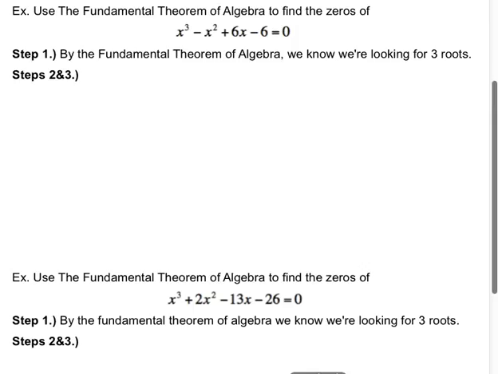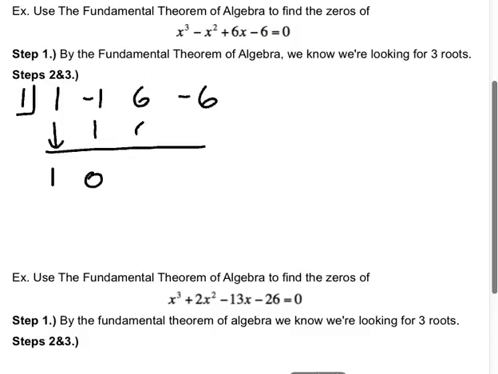Now I'm going to use synthetic division to pull that solution out. So let's use the synthetic process here. I know 1 is a solution, so since I know it's a solution, you should know that you're getting a 0 at the end, because you already knew going into it that it was a solution of this polynomial.